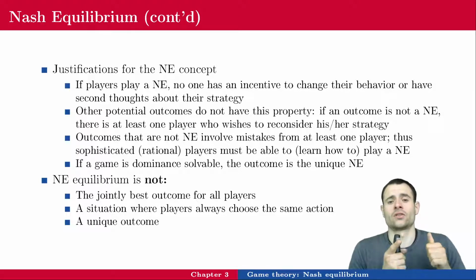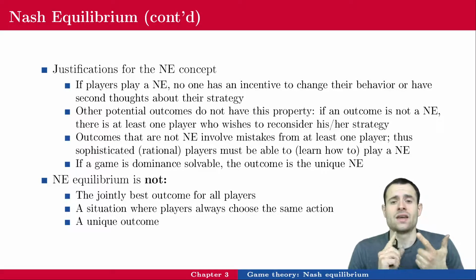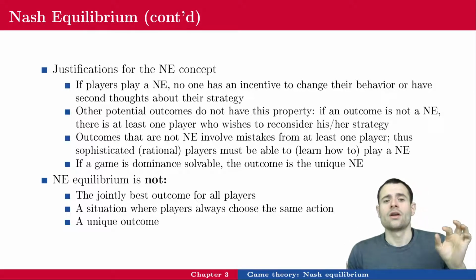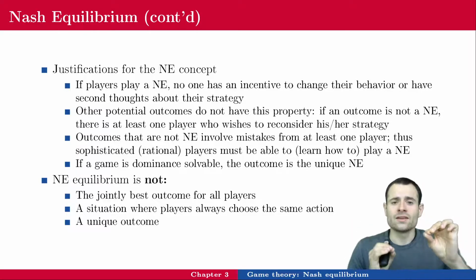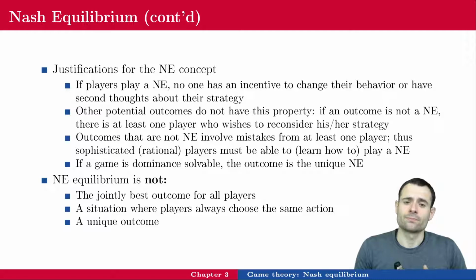First of all, it's not necessarily an outcome, and it is not necessarily unique. In the coordination game, we saw that there are two Nash equilibria. There are two cases where players don't regret their choice given the choice of the other player.